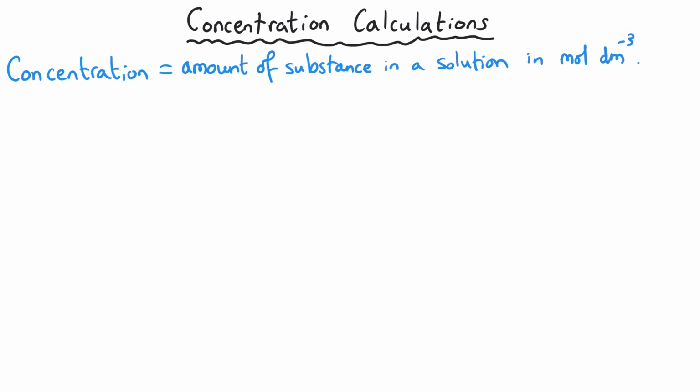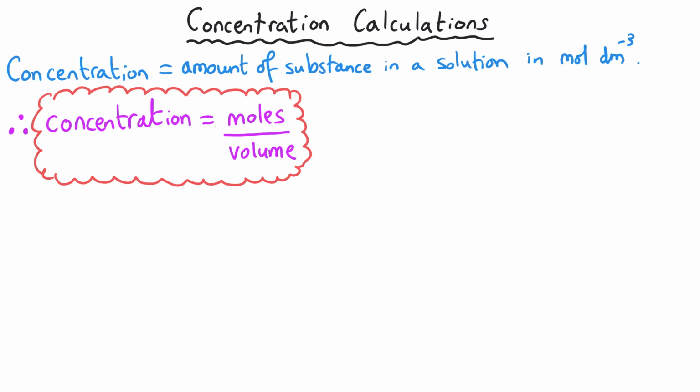When you analyse a titration, we are obviously going to have to do some calculations involving concentration. Remember, concentration is an amount of substance in a solution, and it's measured in moles per cubic decimetre. That's all important because that allows you to work out the relationship between concentration, moles and volume, because concentration must be equal to moles divided by volume in cubic decimetres, because that's literally how you would write moles per cubic decimetre as a fraction.